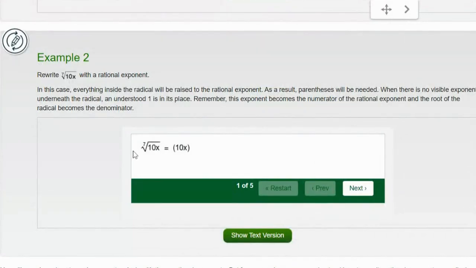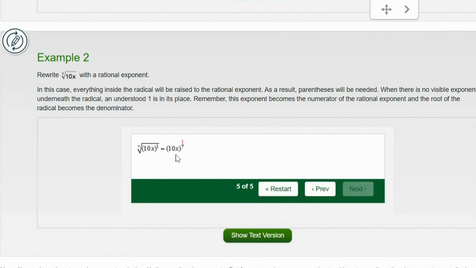All right, here is the 7th root of 10x. So the 7th root of 10x would equal 10x to something. There's a 1 as the exponent, right? So in the fraction, there's just going to be a 1 on top. 10x to the 1, and then the 7 is on the outside.